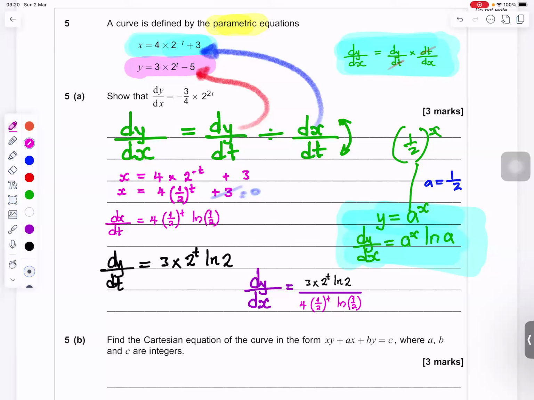So that's what I put. So dy over dt divided by dx over dt. dx over dt is the one in pink, and dy over dt is the one in black. And now what you do is simplify it.